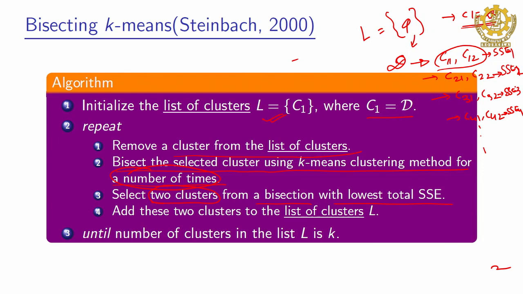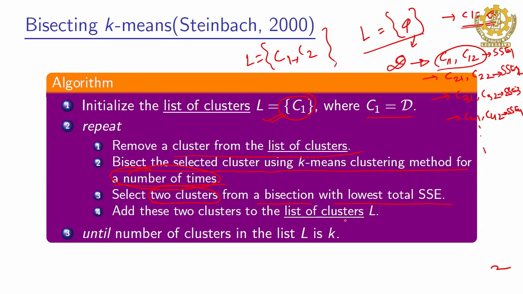Wherever the SSE value is minimum, you consider that clustering and add those 2 clusters to the list. The list was null because you removed 1 cluster, so now your list will have 2 clusters, let us say C1 and C2.